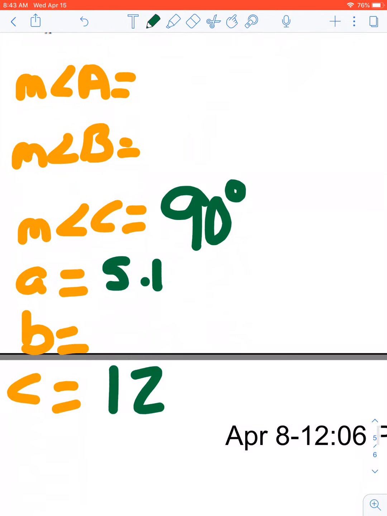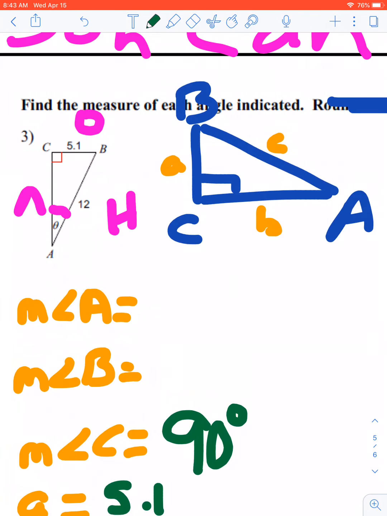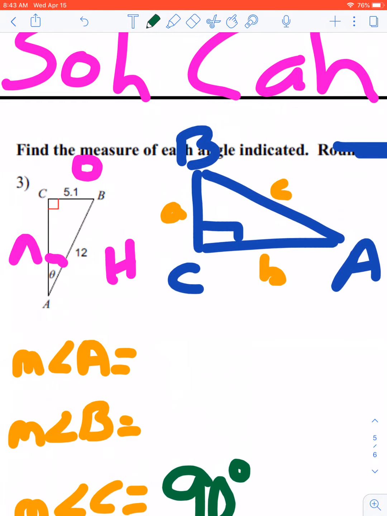So I'm going to solve for all the angles and all the sides of this triangle. I know my hypotenuse, and I know my opposite, and I know nothing about my adjacent. So I go to the top and say, what trig function has to do with opposite and hypotenuse? Opposite and hypotenuse would be sine.